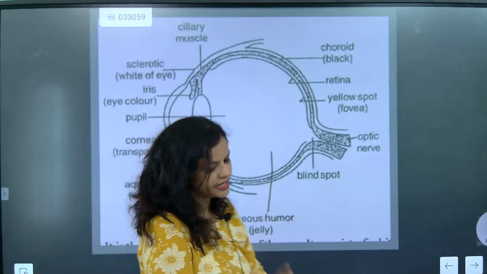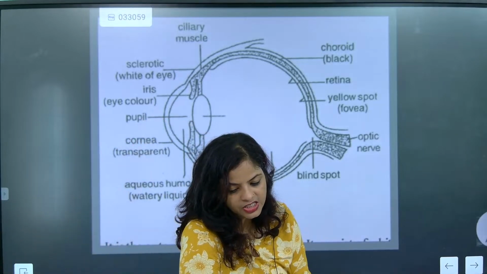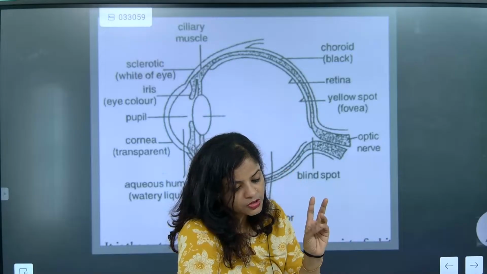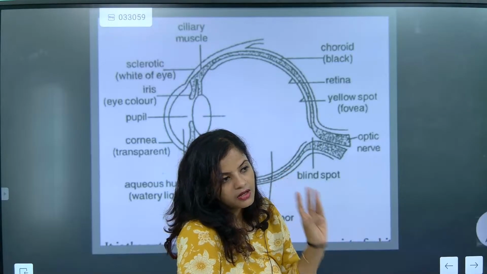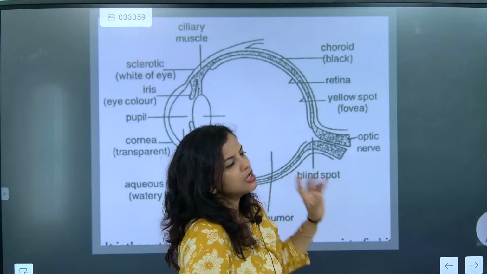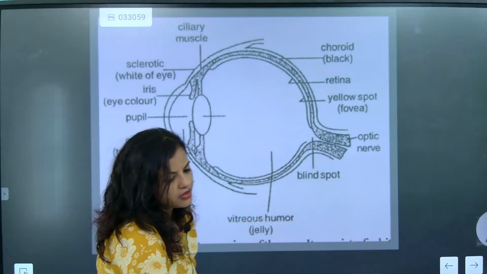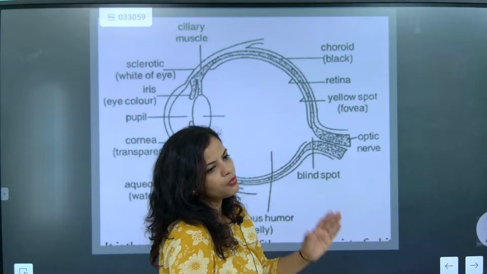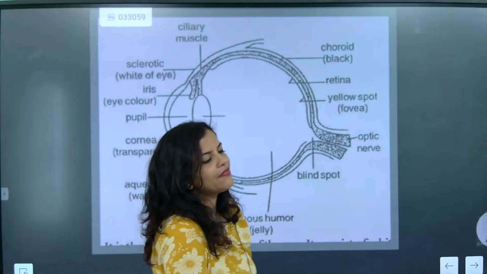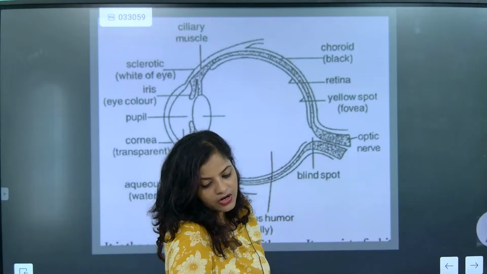Yellow spot, retina, optic nerve, blind spot. Which of these is receiving the image? Retina. The yellow spot is present in the retina, and the retina is filled with cells.